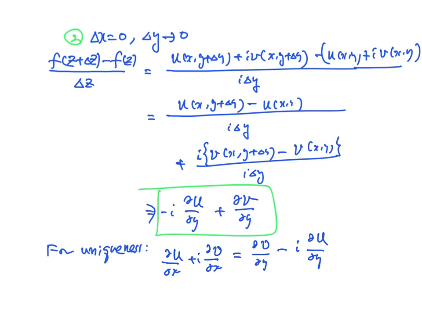So that means we have the condition partial x partial u must be same as partial y partial v, and partial x partial v is minus partial y partial u.